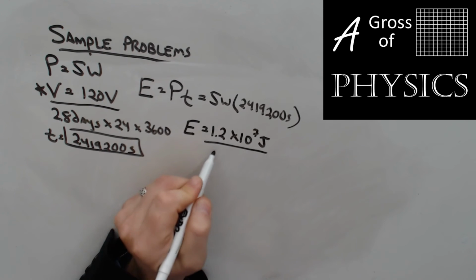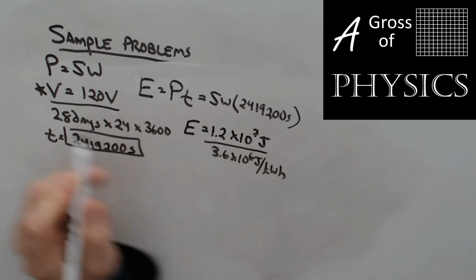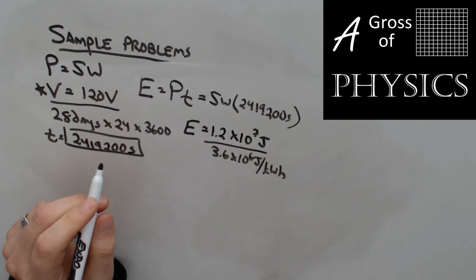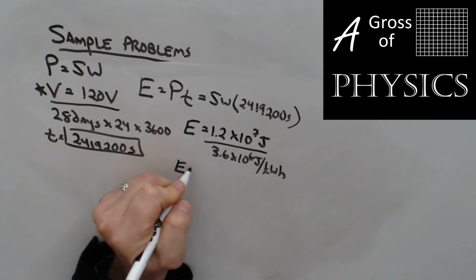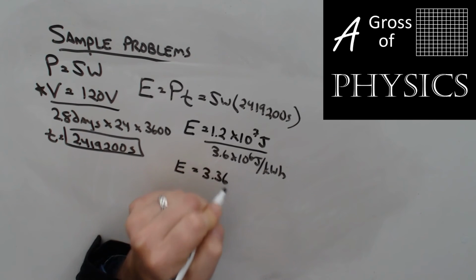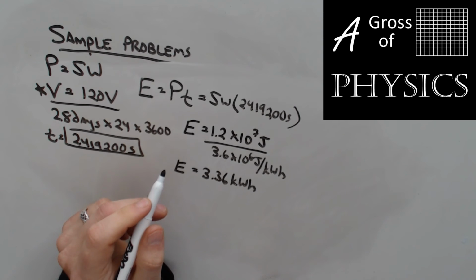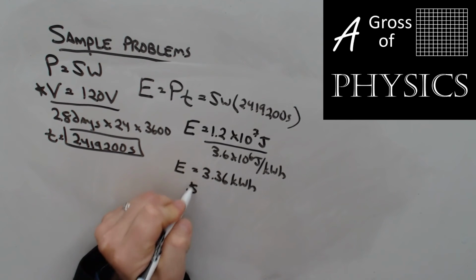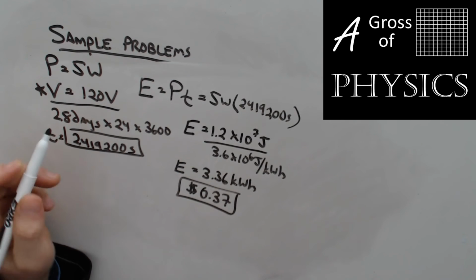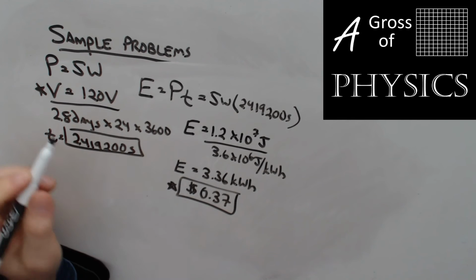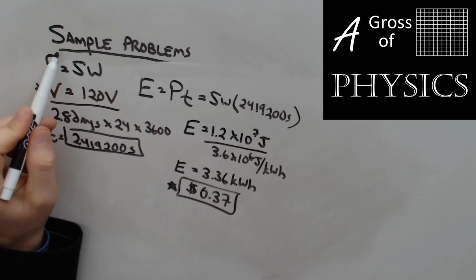I'm going to divide that by 3.6 times 10 to the 6 joules per kilowatt hour, and I get the energy is 3.36 kilowatt hours. Now, if we multiply that by the 11 cents, it costs $0.37, so 37 cents to keep that light on for the entire month. So I guess I shouldn't be yelling at my kids when they don't turn off their night lights all the time.